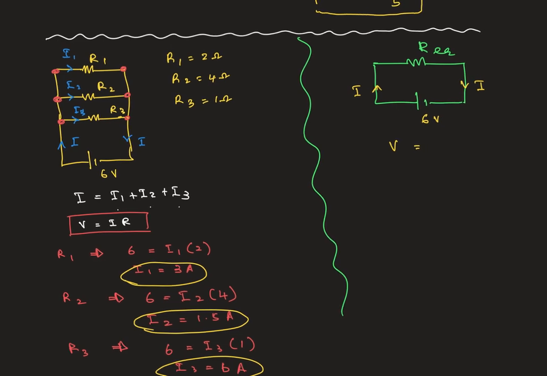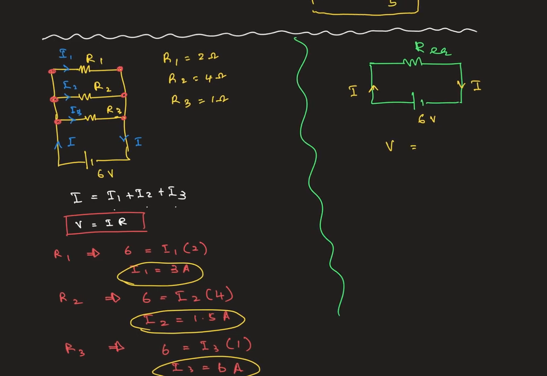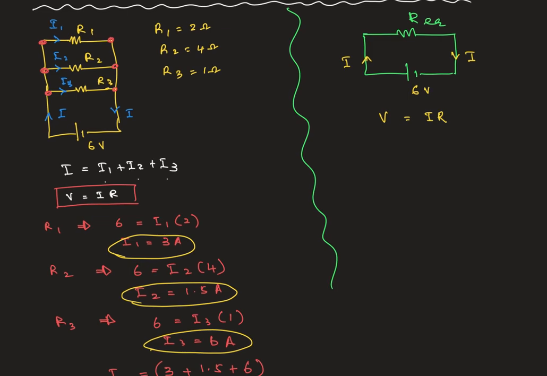This is the second method. I personally like getting the equivalent circuit and using Ohm's law. But again, if the problem asks us to find the voltage drop across each resistor, then we just have to stick with the other plan.